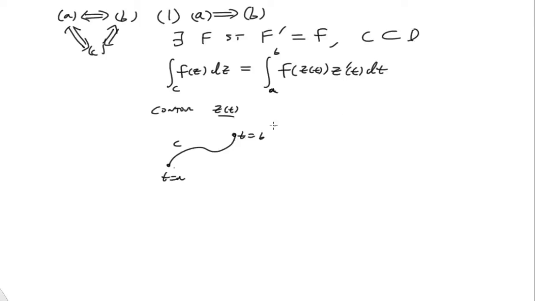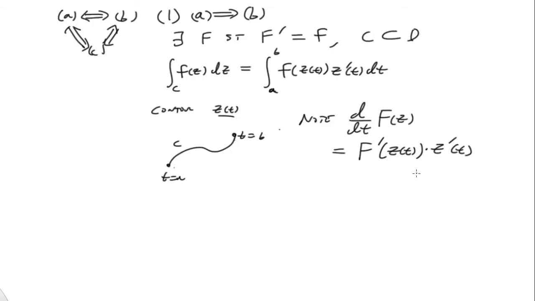First of all, note that d dt of capital F of z of t is equal to F prime of z of t times z prime of t. That's just the chain rule. And capital F prime, of course, is little f.